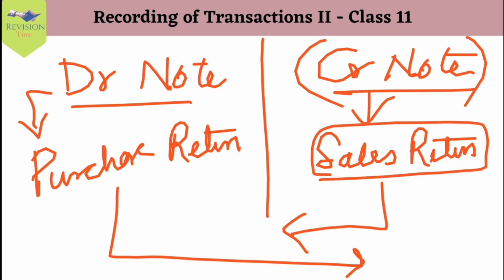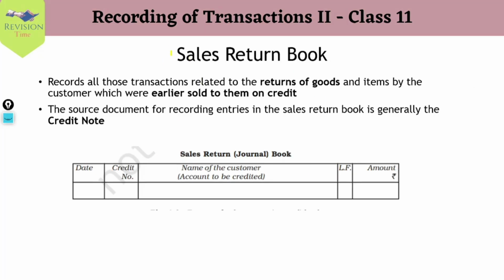Let us read out the meaning and understand about it more. Sales return book records all those transactions which are related to return of goods and items by the customer which were sold to them on credit.